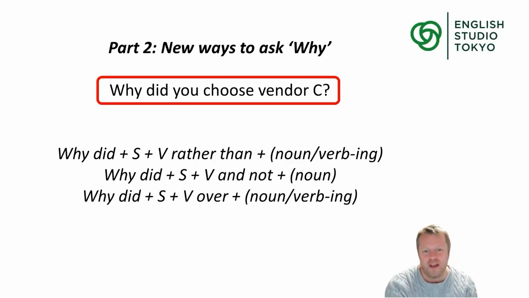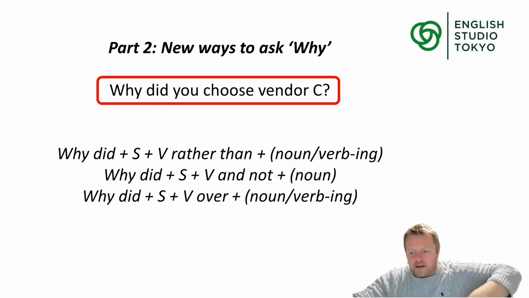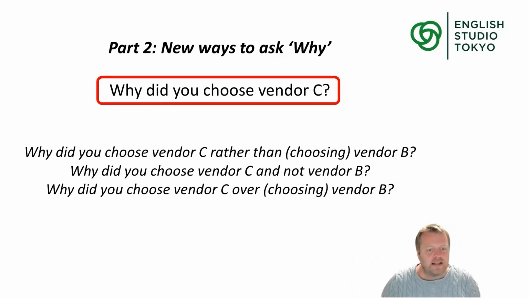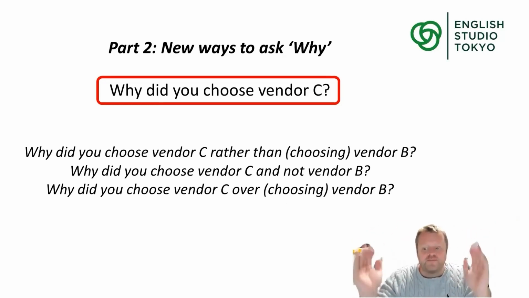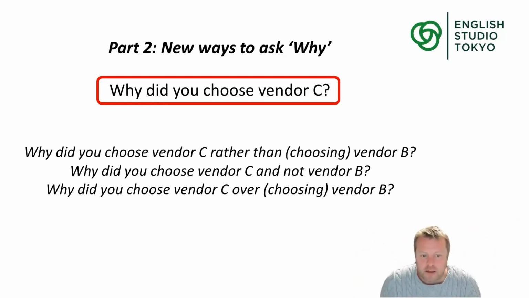So these are vendors. So why did you choose vendor C? And then we had other choices, vendor A, vendor B, things like that. So let's have a look at the language. We could say, why did you choose vendor C rather than choosing vendor B? I put the word choosing in parentheses here because this is optional.